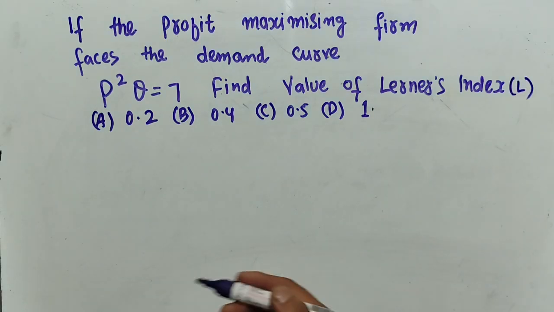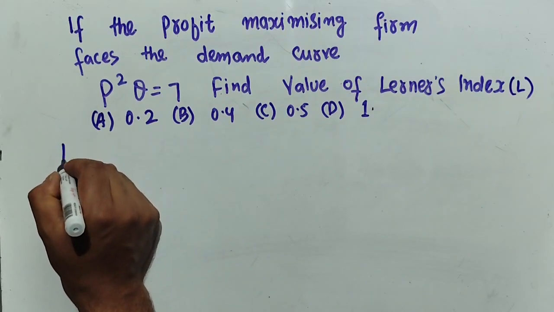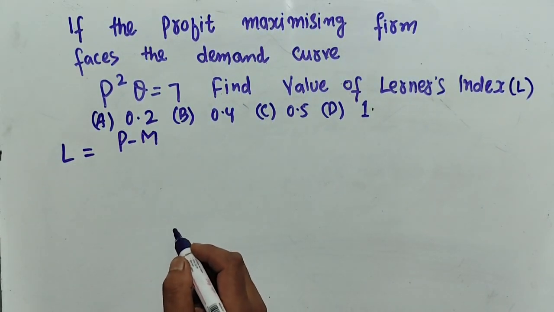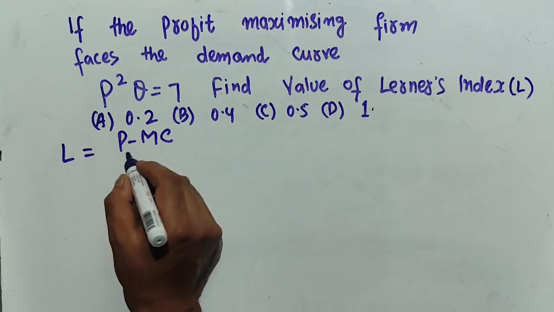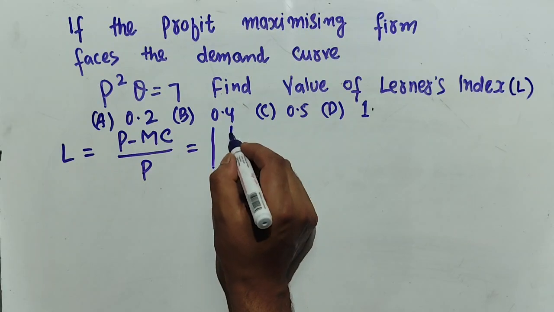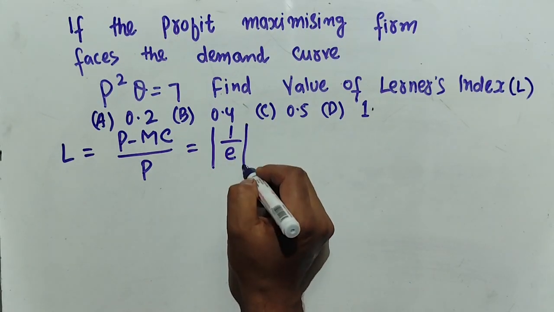Okay, so the Lerner's index is used to measure the degree of monopoly power. It is given by L is equal to price minus the marginal cost upon price, which is equal to the absolute value of the reciprocal of the elasticity of demand.